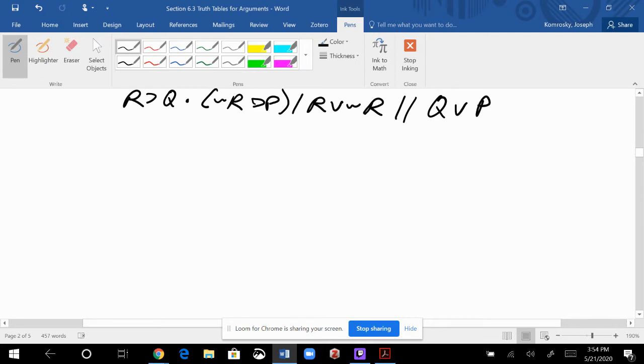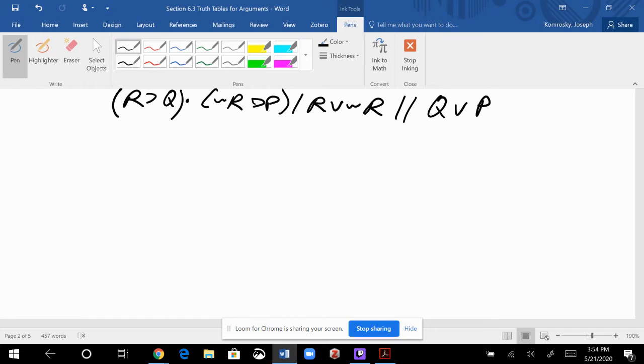Okay, so R horseshoe Q, conjunction, and there you go. And then not R, horseshoe P, and then R wedge not R, and then conclusion Q or P.